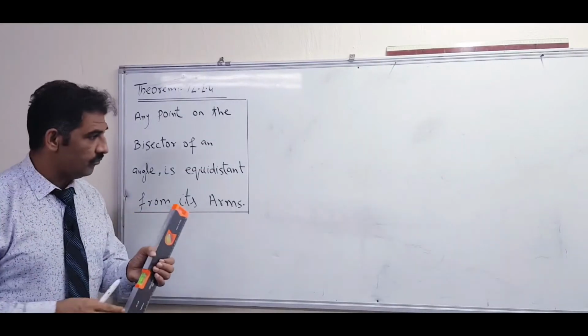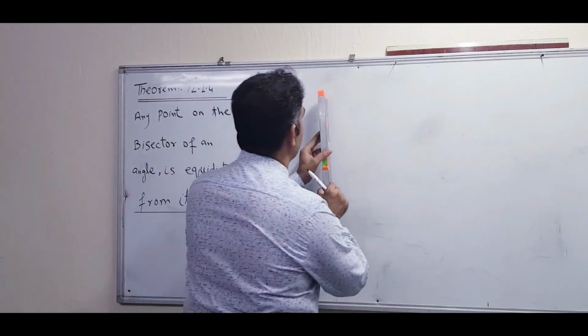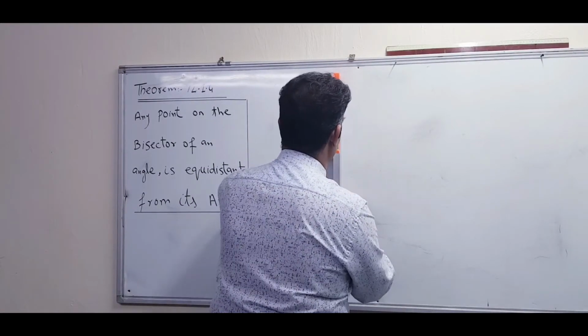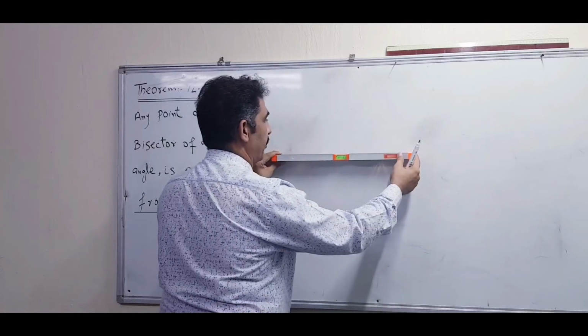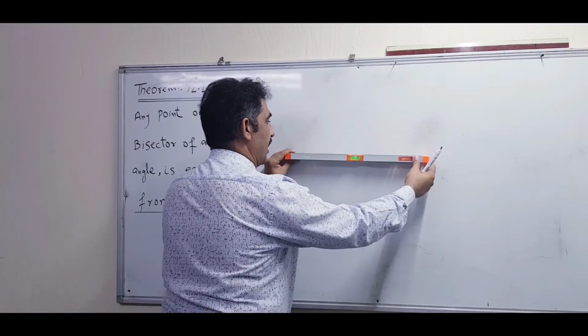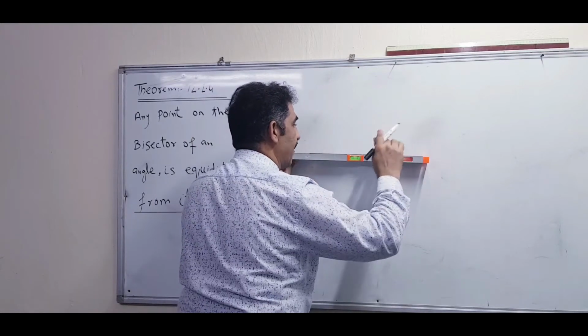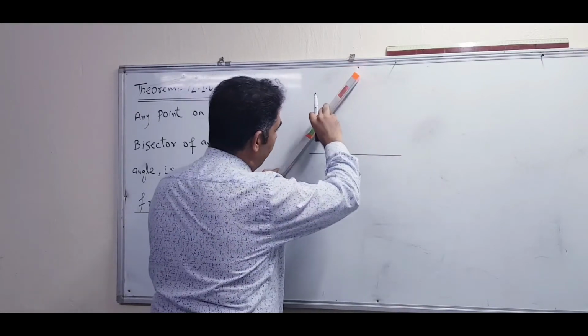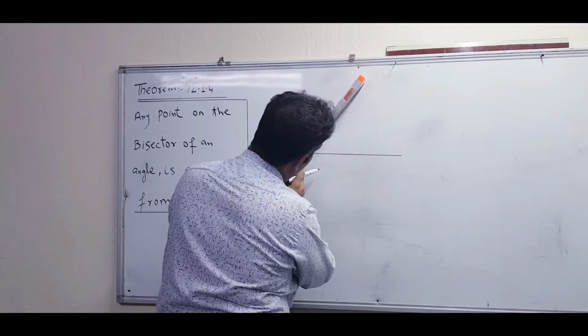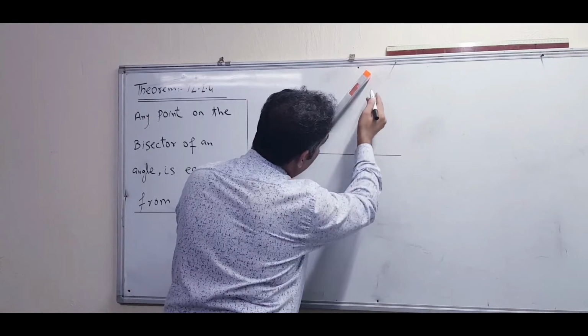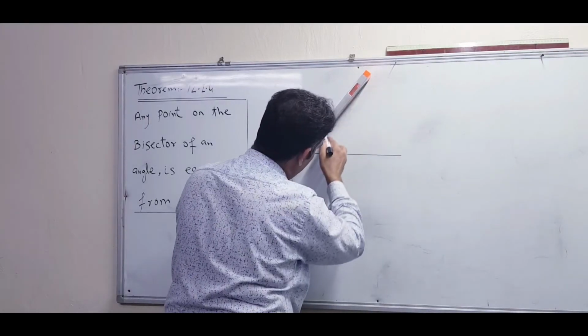Okay. So how to make the angle? First we have to draw the line like that, where the two rays meet. What is an angle? Where the two rays join at one point, it is called an angle. Or when the starting point of the two rays is the same, it is also called an angle.